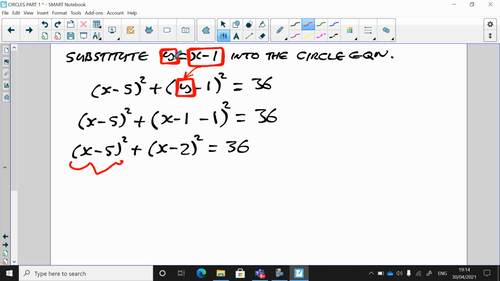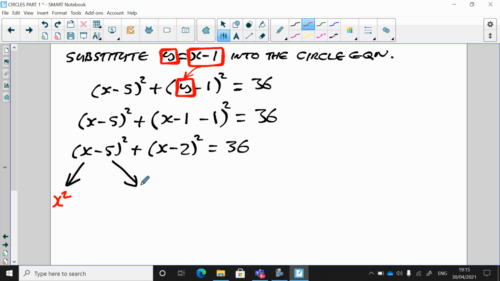I know I'm squaring the bracket, so that's really x minus 5, x minus 5, and the other one is really x minus 2, x minus 2. Depending upon who your brilliant teacher was, they will have shown you how to deal with that. But if you're squaring a bracket with two terms, a binomial, square the first, square the second.